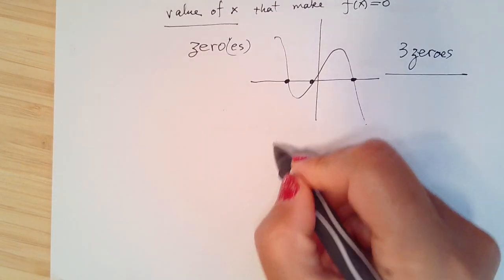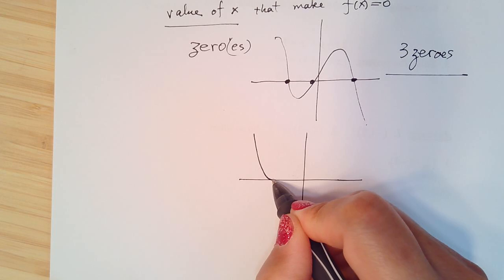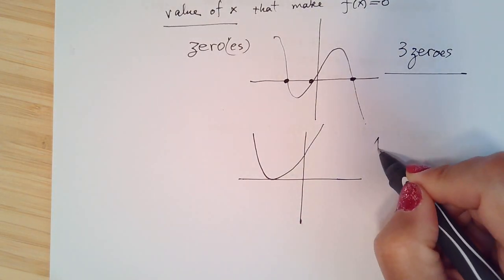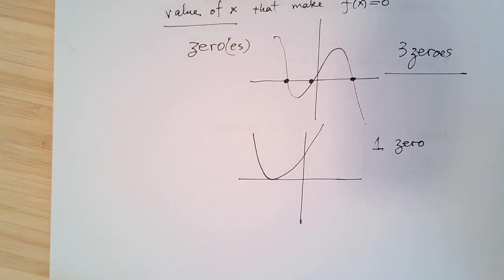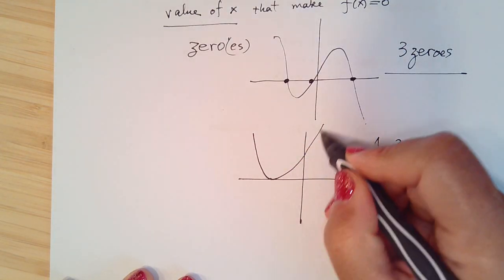What about this one? There's only 1 zero. However, this one comes here, touches, and leaves, like a quadratic.